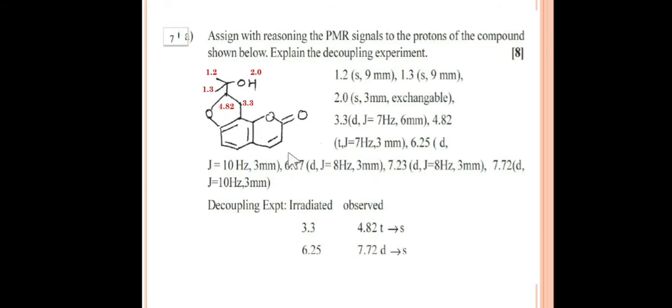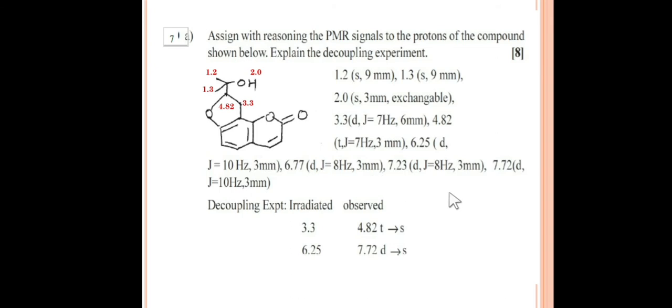Now let's go for the olefinic as well as aromatic protons. We have signals from 6.25 to 7.72. Now which will be which signal? If we have an alpha beta unsaturated carbonyl system, then the beta carbon is always downfield due to delocalization of the double bond to the carbonyl. There is always an electron deficient proton over this beta carbon.